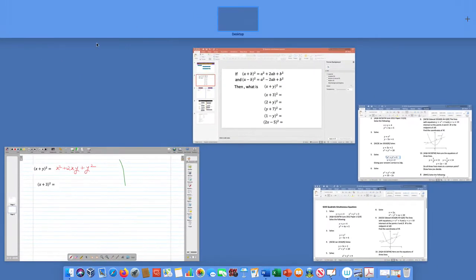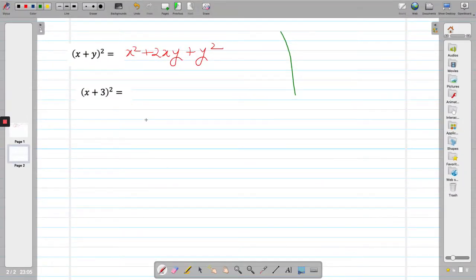So if I write here a plus b whole squared equals a squared plus 2ab plus b squared. So if I know this one, then I can write the other one. So let me change the color of the pen.